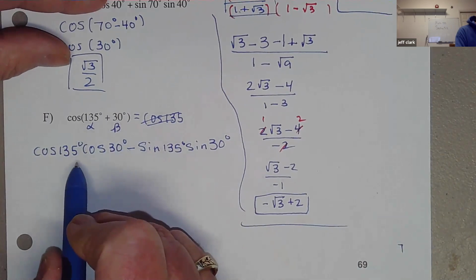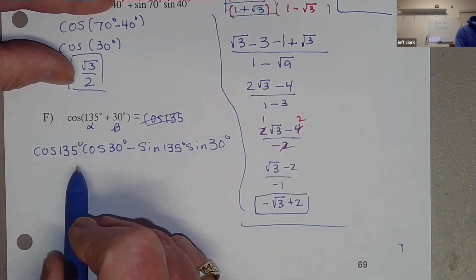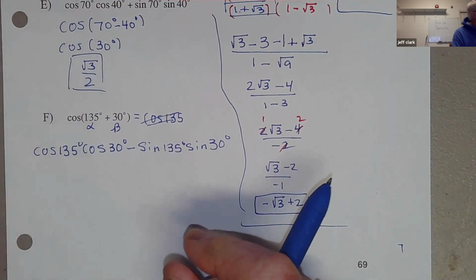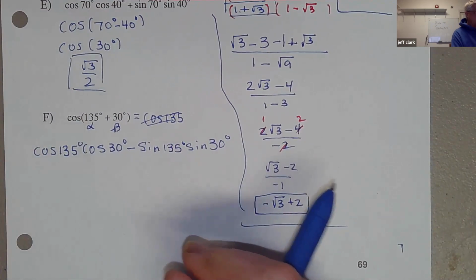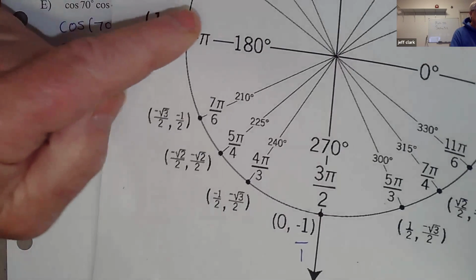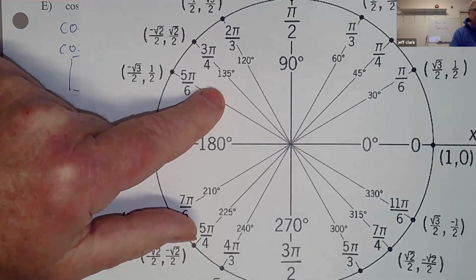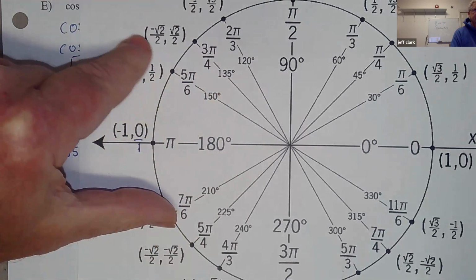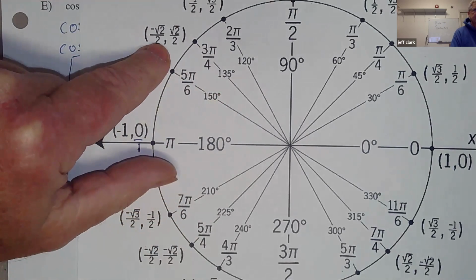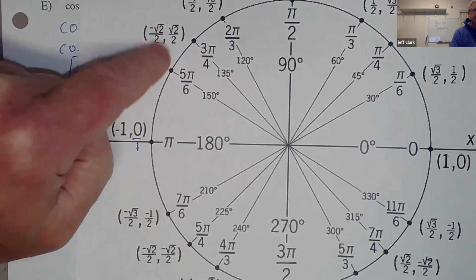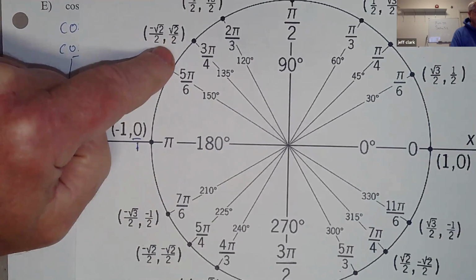And let's see, what do I have? I have to look at the wheel again because I don't have that one memorized. Here's 135. It was a cosine, so it's looking at the x. So you have to take the negative root 2 over 2. You have to take the value right there.